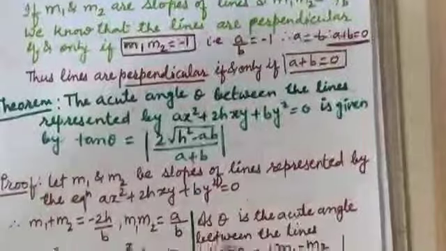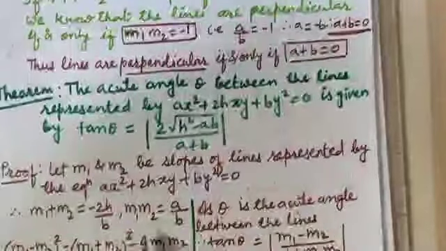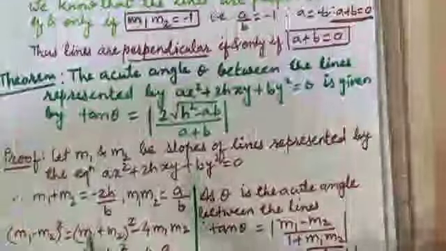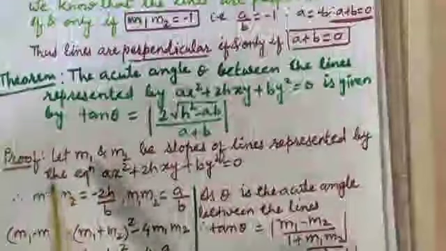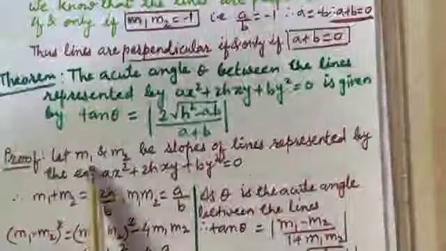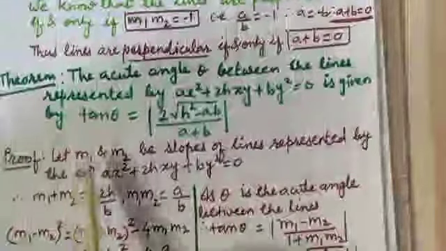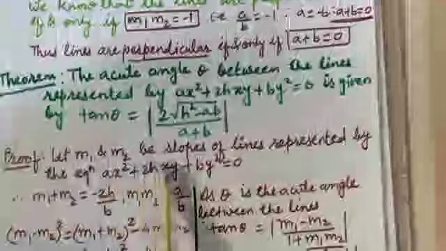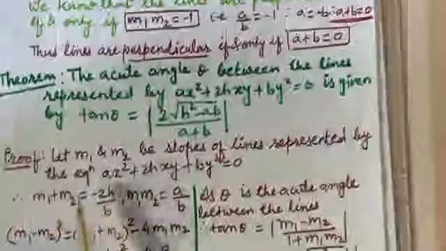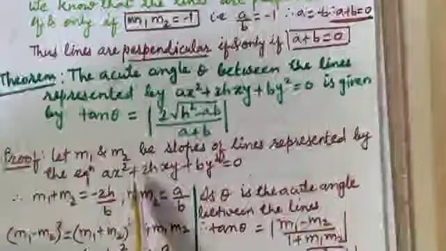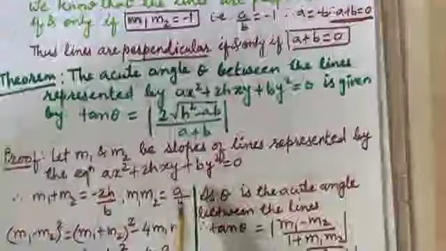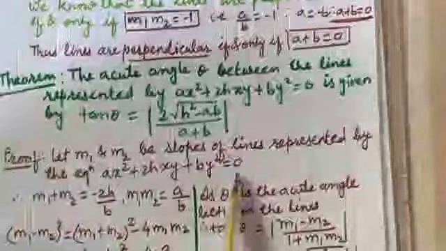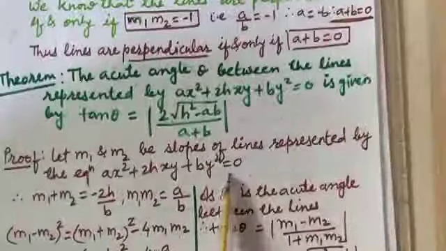How is the proof? The proof is very simple. What is the proof of this theorem? Proof. Listen very carefully. Let m1 and m2 be the slopes of the lines represented by the equation ax square plus 2hxy plus by square equal to 0.